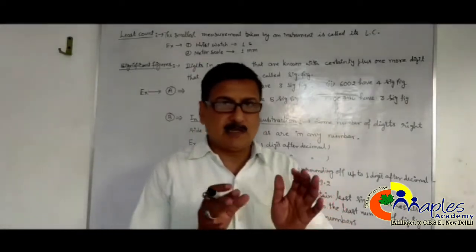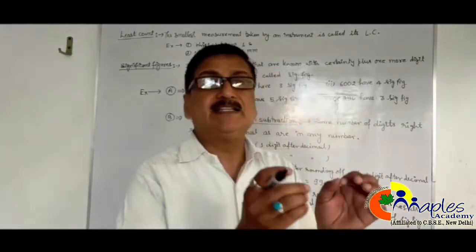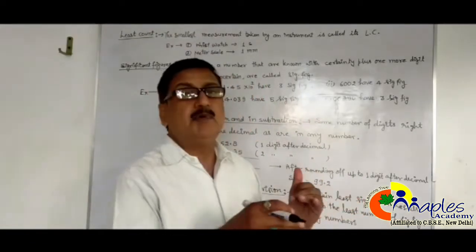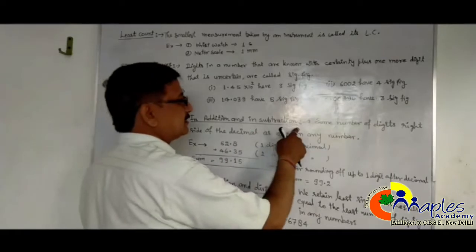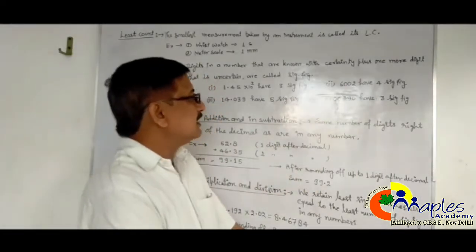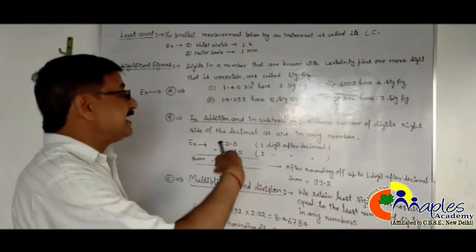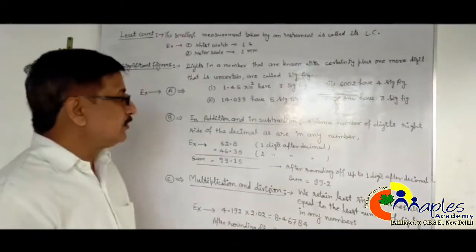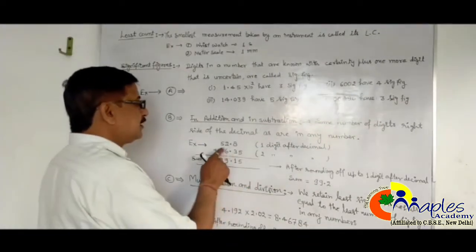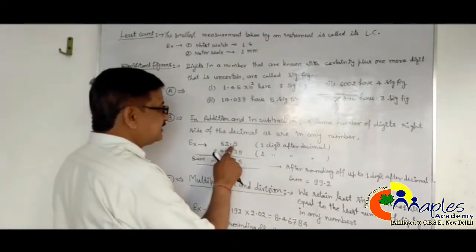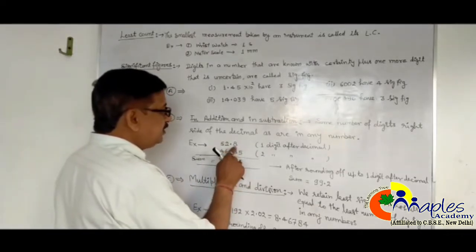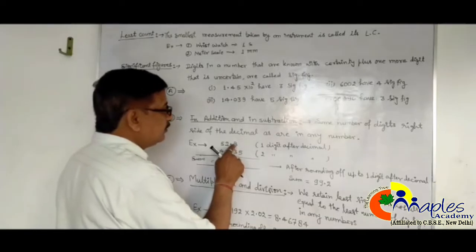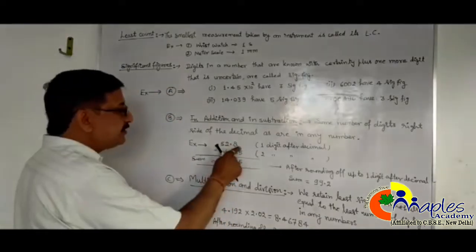How do we use significant figures in addition, subtraction, multiplication and division? In addition and subtraction, the method is the same. The same number of digits to the right of the decimal are retained. For example, 52.8 has 1 digit after the decimal, and the other has 2 digits after the decimal. So we will keep in our result only 1 digit after the decimal.